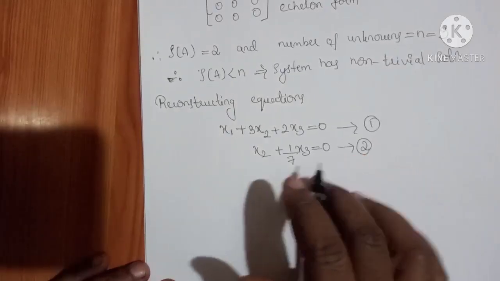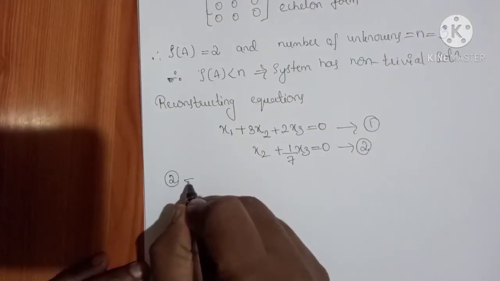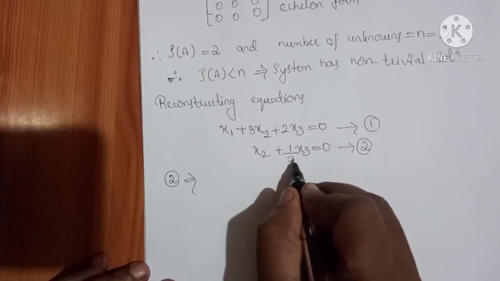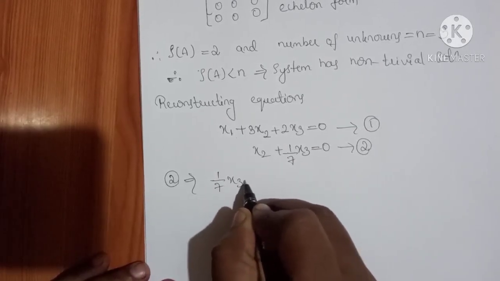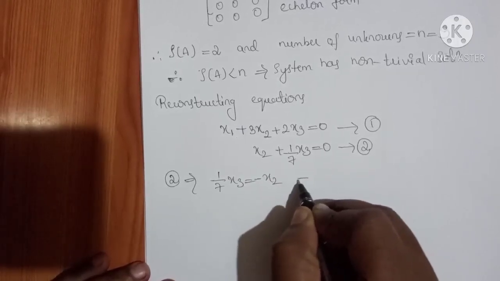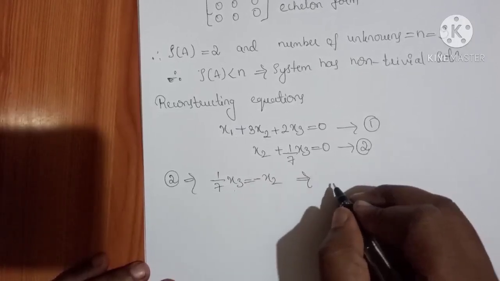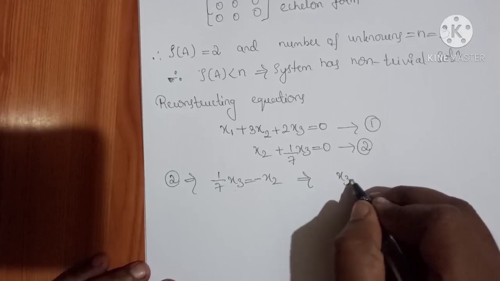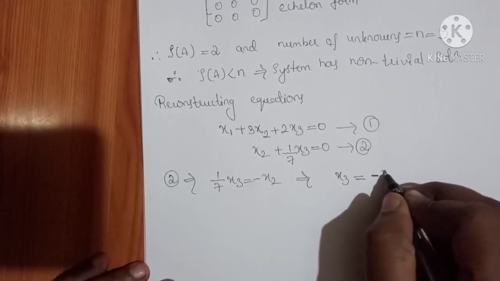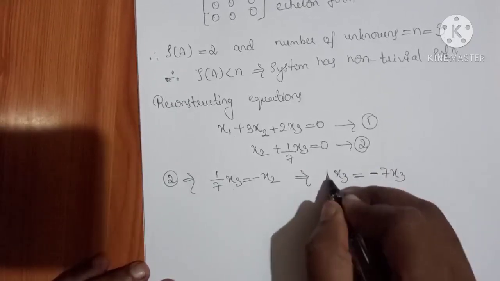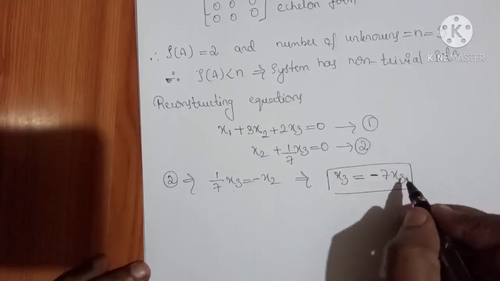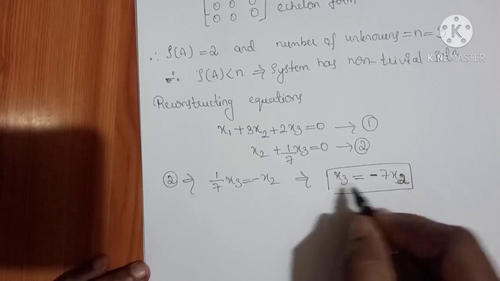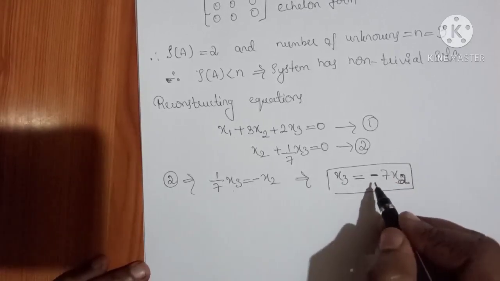From equation 2 we can write it as 1 by 7 x3 equals minus x2, or x3 equals minus 7 into x2, sending this 7 to the right side, we get minus 7 into x2.